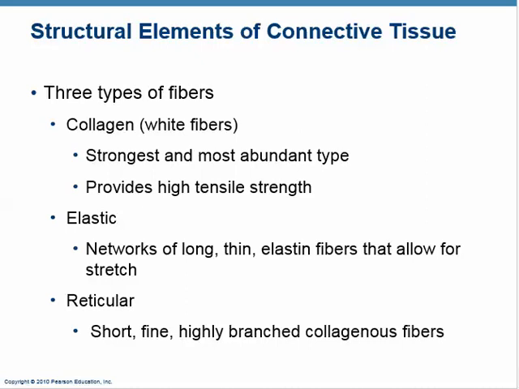Elastic fibers are actually like springs or phone cords. They are coiled up, and so when they are subjected to tensile strength, they will stretch and bounce back. So they are elastic.